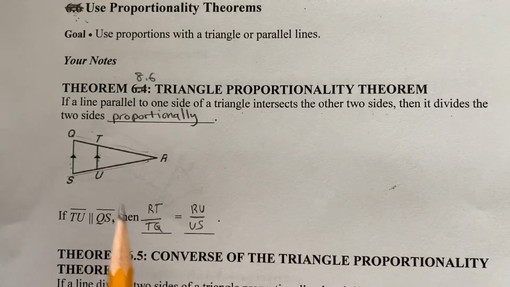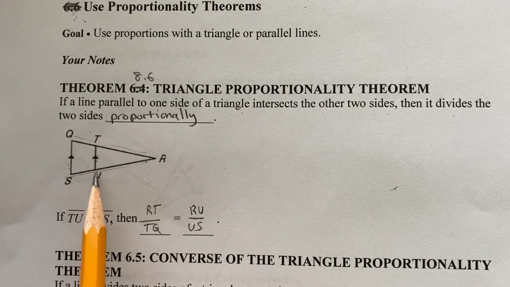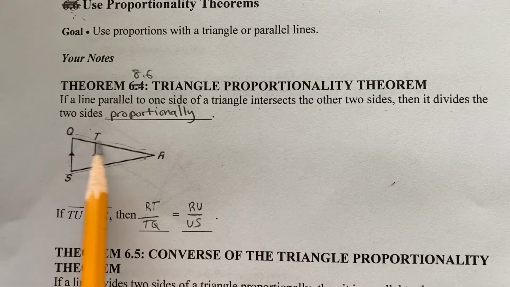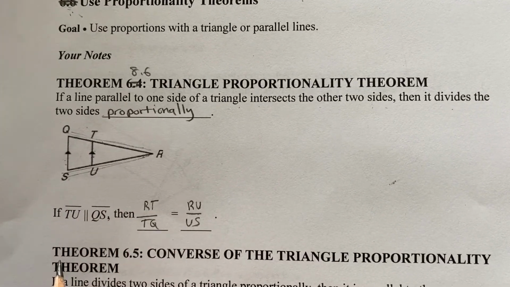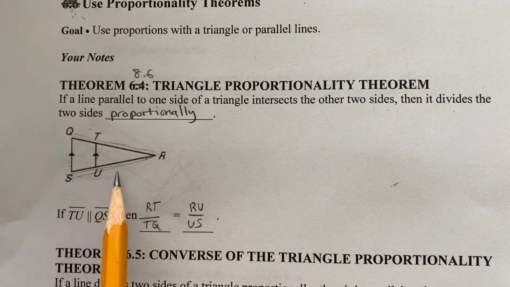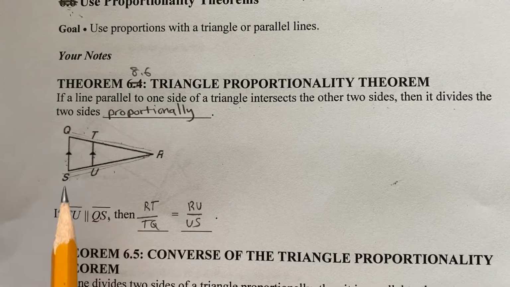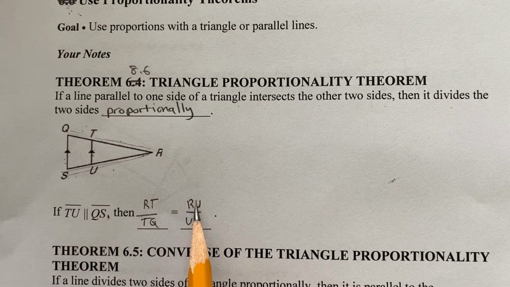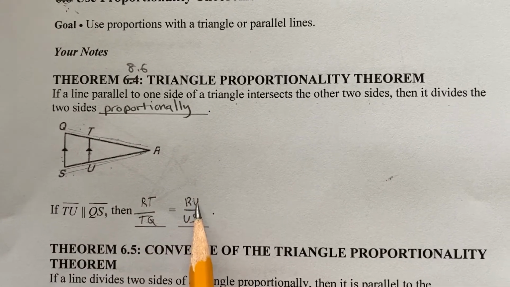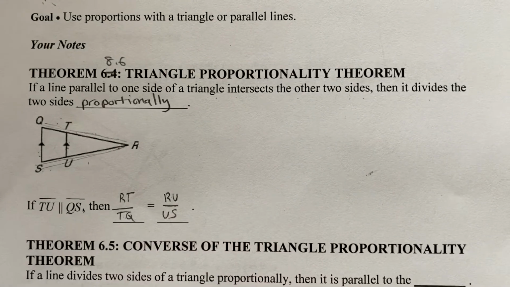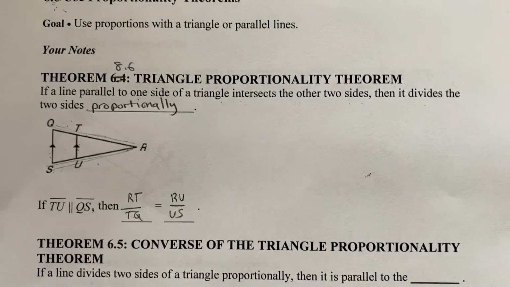That's what it means when it says that this line divides this side and this side proportionally. You could also say RT is to RU as QT is to SU. That's another way of saying it. You can put the RU down here, put the TQ up here. All right, so that's the triangle proportionality theorem.